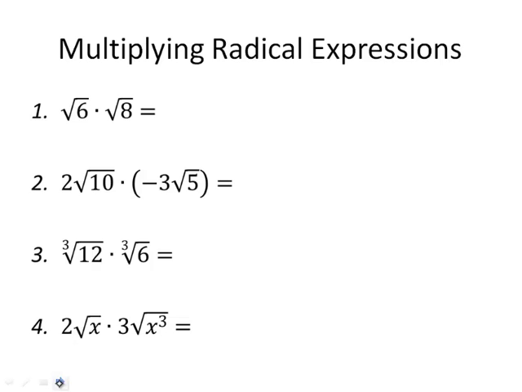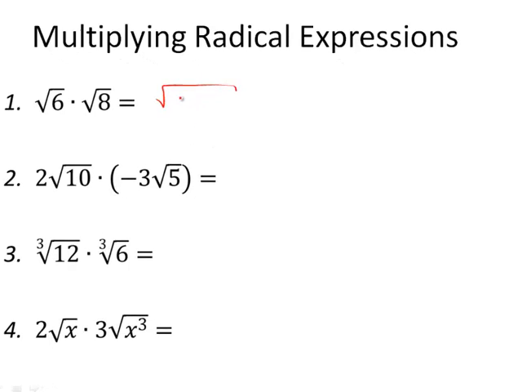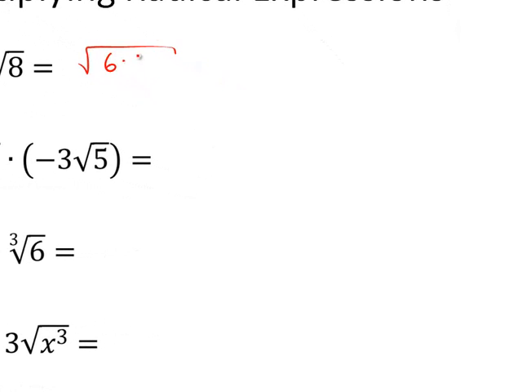Here we have just plain multiplication operations, so we're just multiplying. Now remember that a root multiplied by a root, if it's the same degree of root, so they're both square roots, can be seen as just a root of the insides.